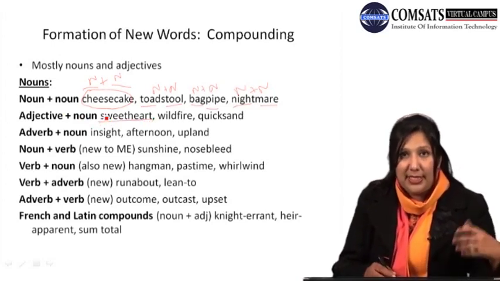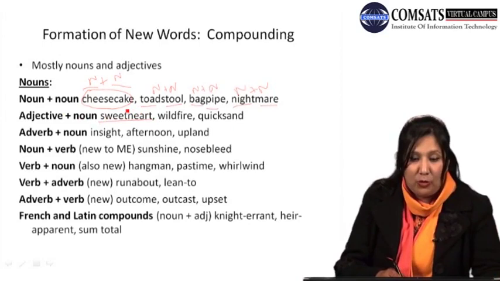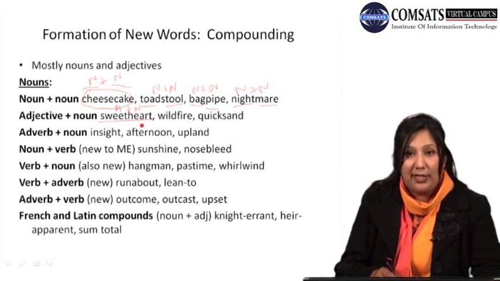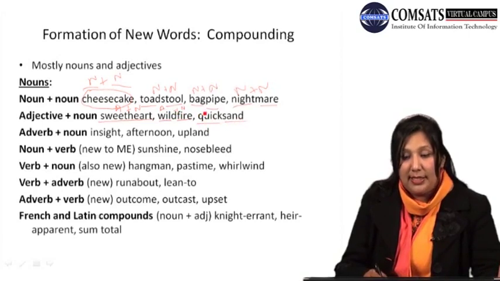It is a compound word, a combination of sweet, an adjective, and heart, a noun. Wildfire: wild is an adjective, and fire is a noun. Quicksand is adjective plus noun.